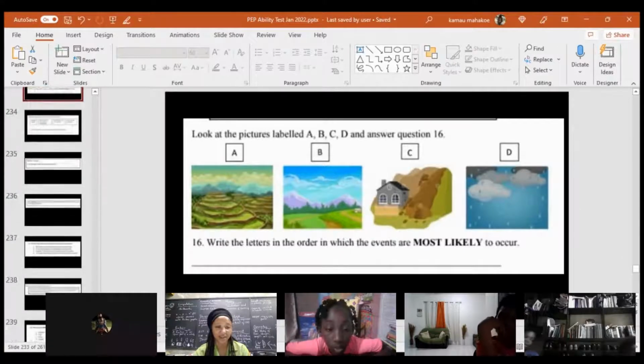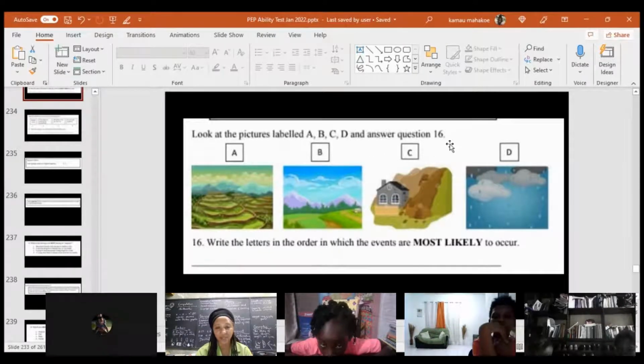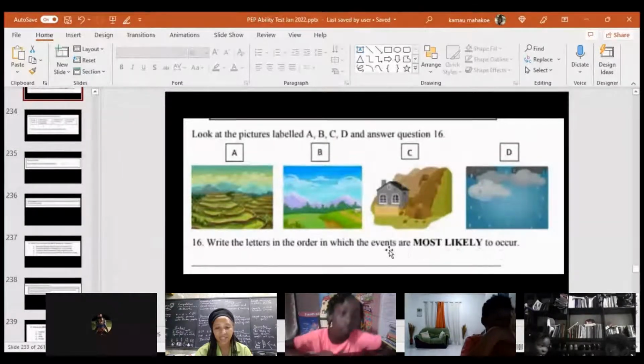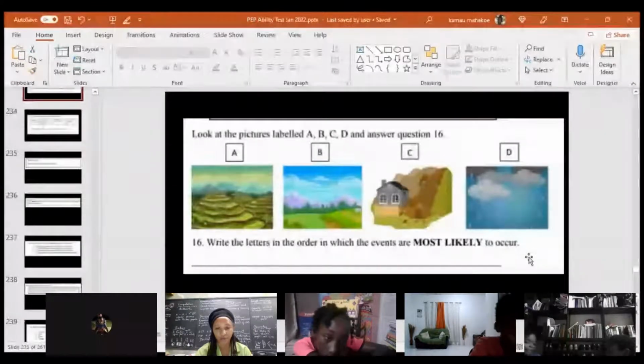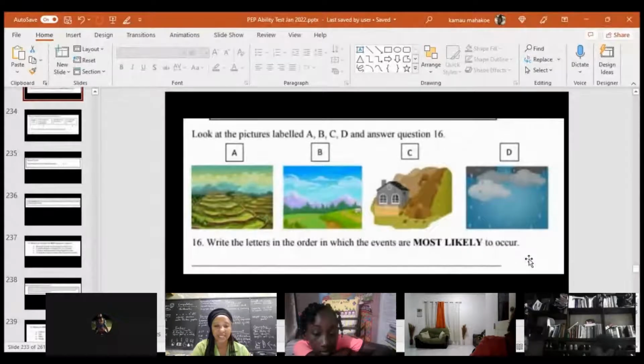We're to look at the pictures labeled A, B, C, D and answer question 16, which says write the letters in the order in which the events are most likely to occur.